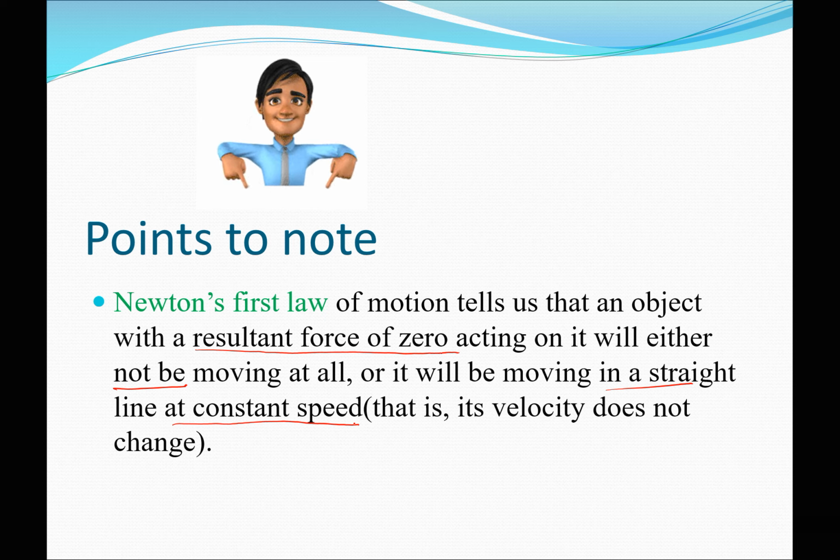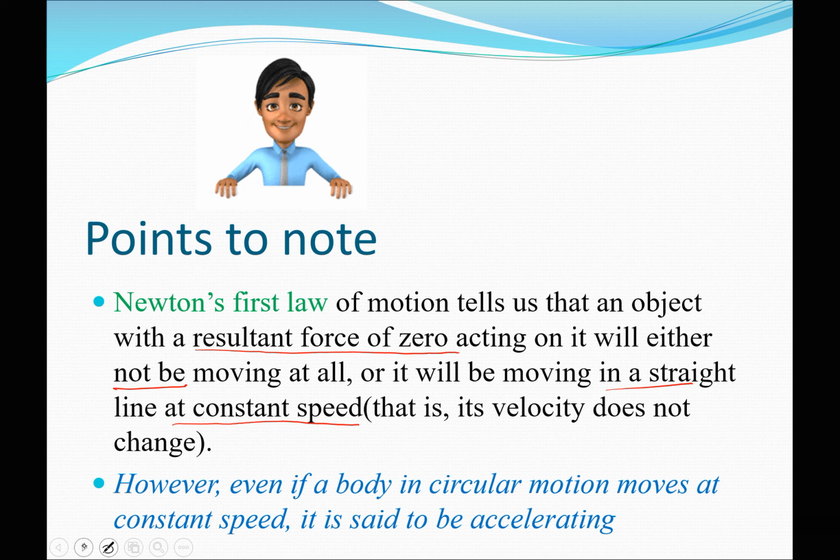It is changing direction. And because it is changing direction, then the velocity must be changing. But if it was moving in a straight line, then the velocity would remain constant if the speed was constant. So it tells us that even if a body in circular motion moves at a constant speed, this body is going to be said to be accelerating.